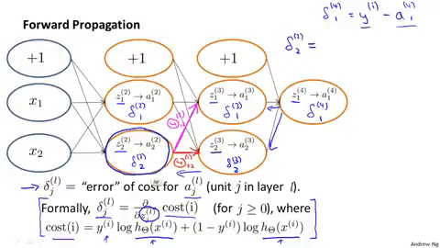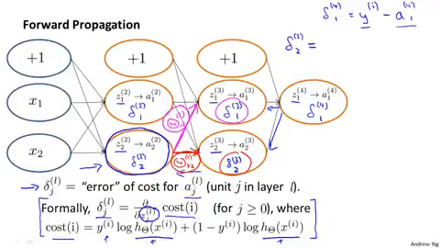So if we look at how delta 2,2 is computed for this node, it turns out that we're going to take this value and multiply by this weight and add it to this value multiplied by that weight. So it's really a weighted sum of these delta values, weighted by the corresponding edge strength.